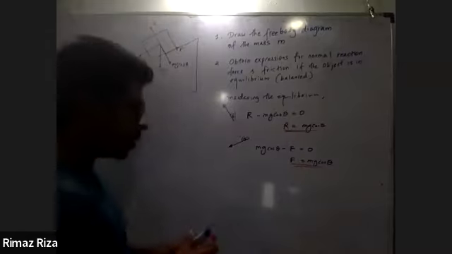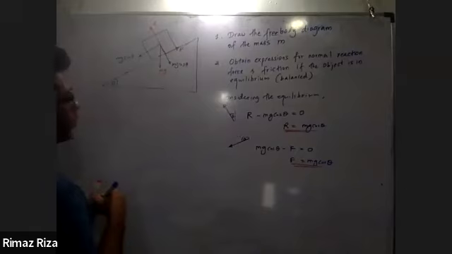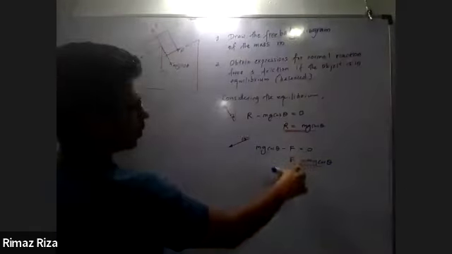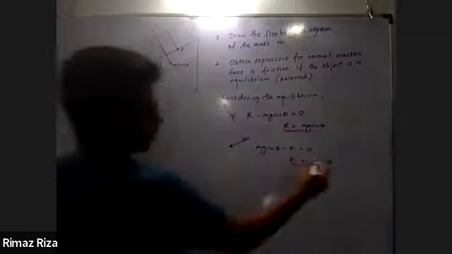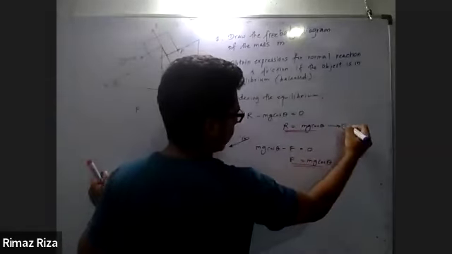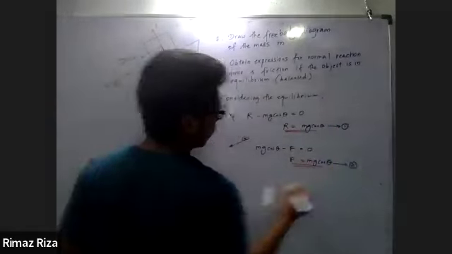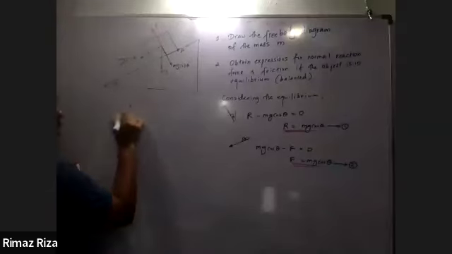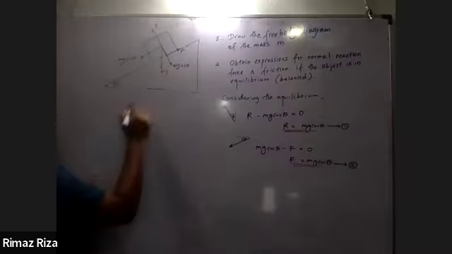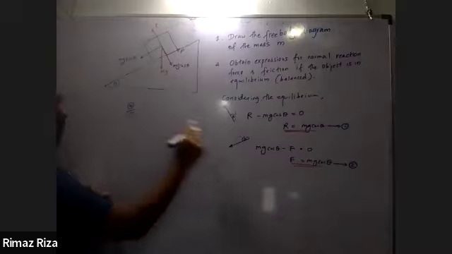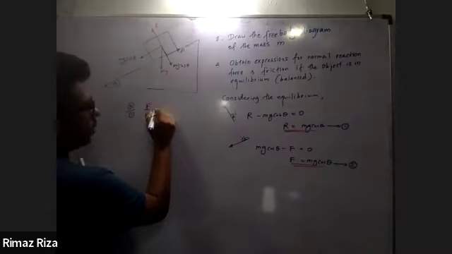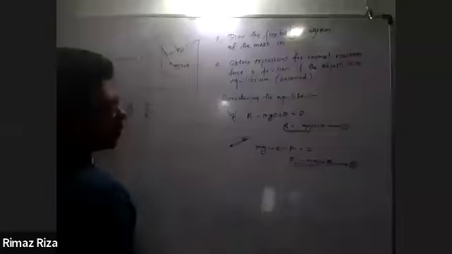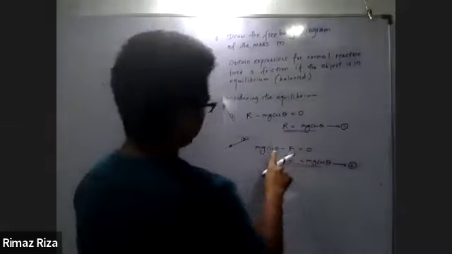Okay. So here, after that, I'm going to divide these two equations. This is equation one, and this is equation two. So 2 divided by 1. Then I have F over R equals mg and mg. Here this should be sin theta, no?